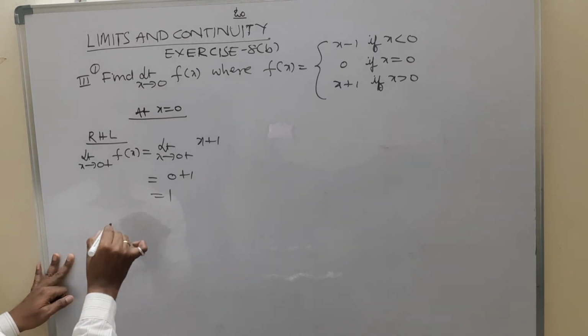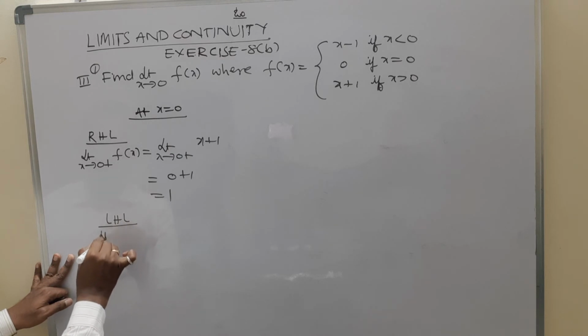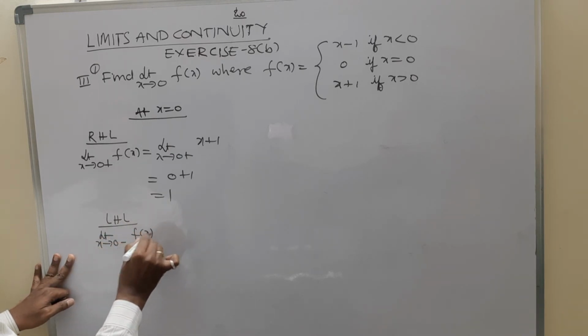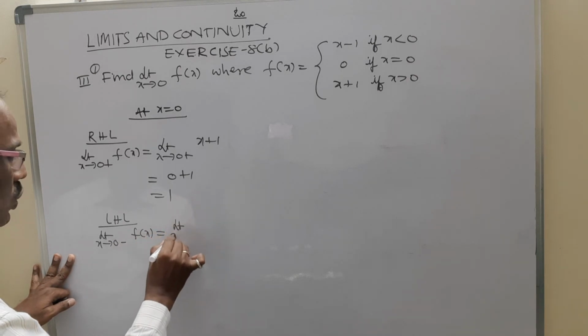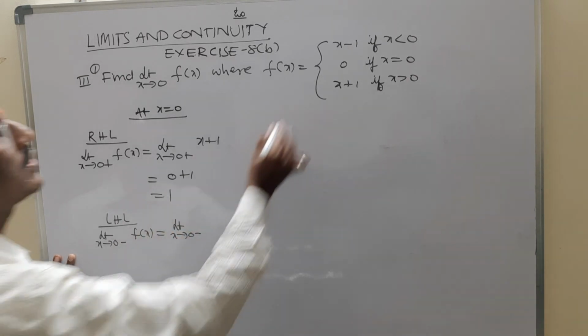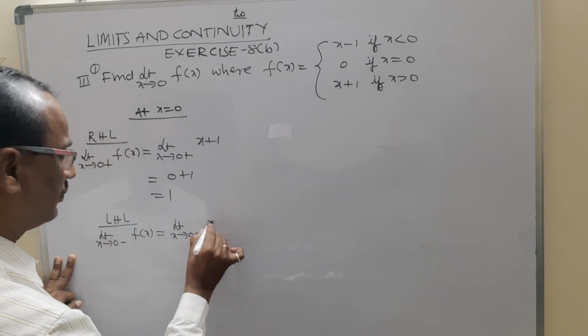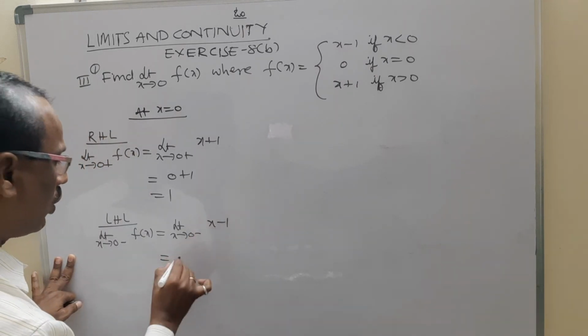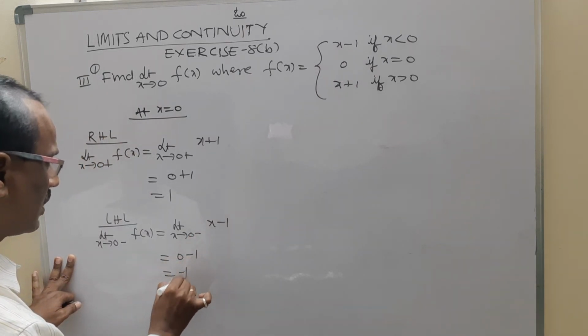Next, the left hand limit. Limit x tends to 0 minus of f of x equals limit x tends to 0 minus of x minus 1, which equals 0 minus 1, that is minus 1.